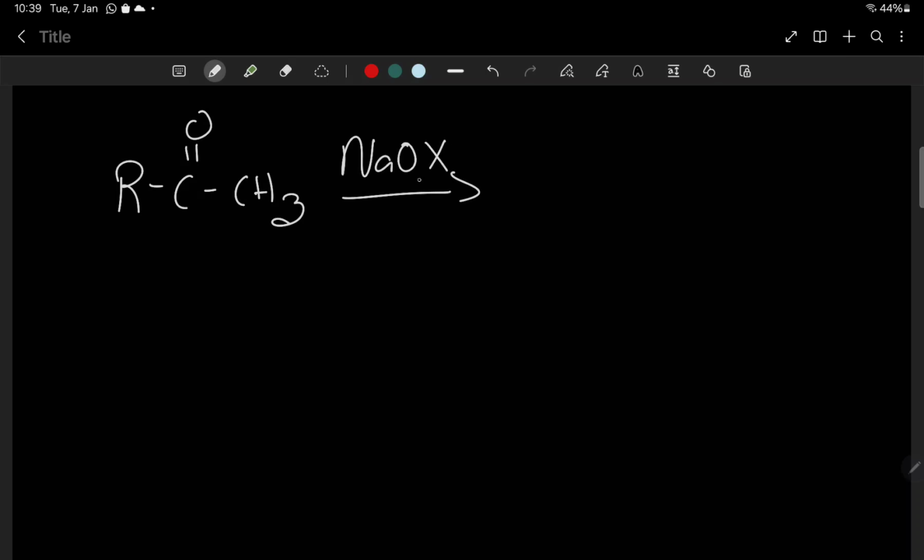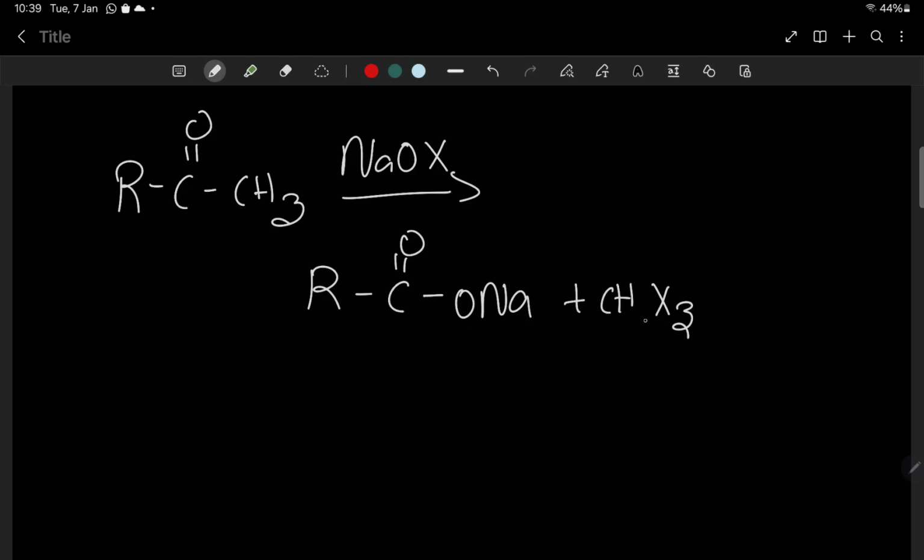So what's the reaction? Look, I'm having an aldehyde or ketone with one methyl group, and I'm adding NaOX, the reagent that we needed. We get C double bond O ONa plus CHX3. Here the methyl group will be replaced by ONa.